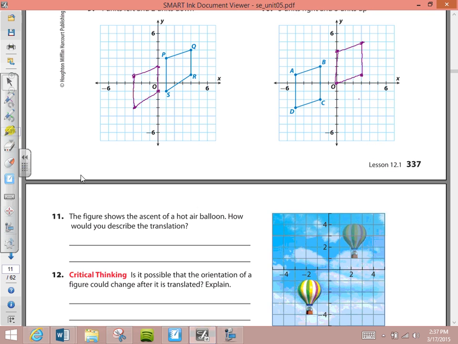How do you feel about translation so far? 5, I got it. 1, I don't. Okay, good. For those of you who have any questions, what do you think is the hardest part? It's okay if you do. You can do it as practice.